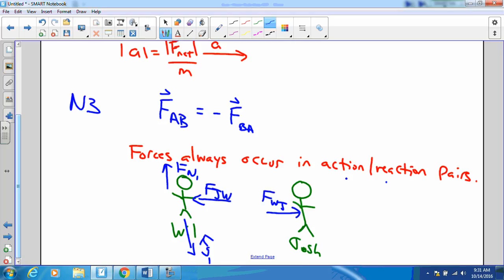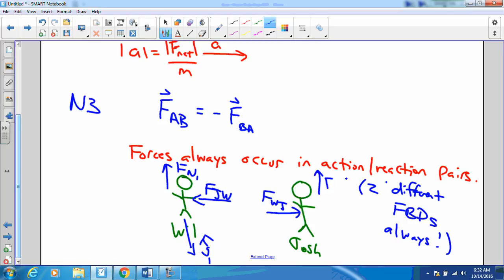So your action and reaction pair always show up on different objects, never on the same object. Two different free body diagrams always.